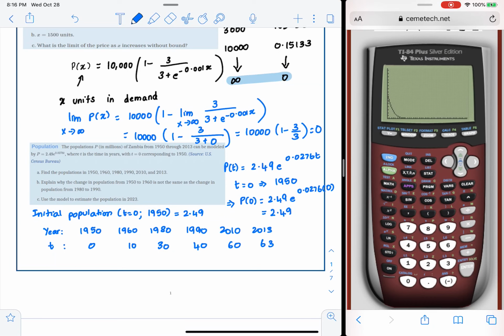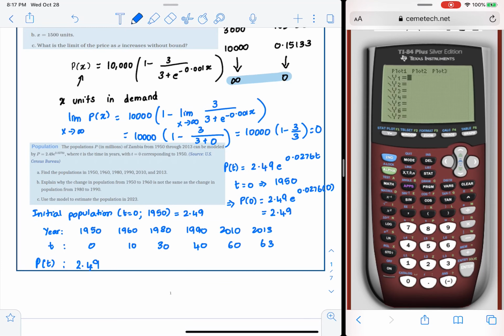The population is in millions, and we already know the first value is 2.49. To find the rest, we don't have to type each one into the calculator. We could make use of the table set function and the table function in the TI-84 calculator to get the answer.